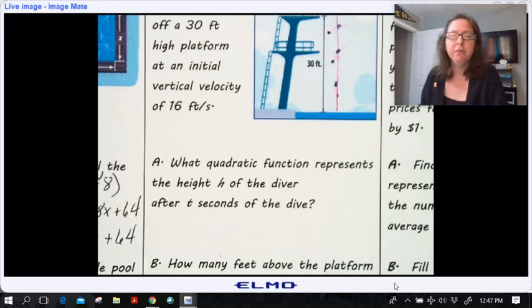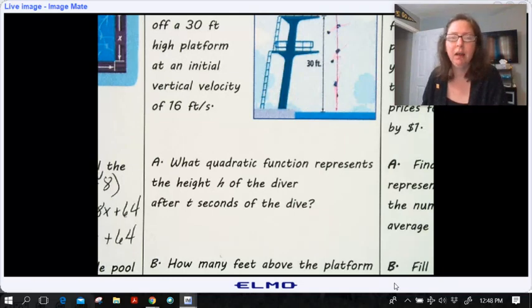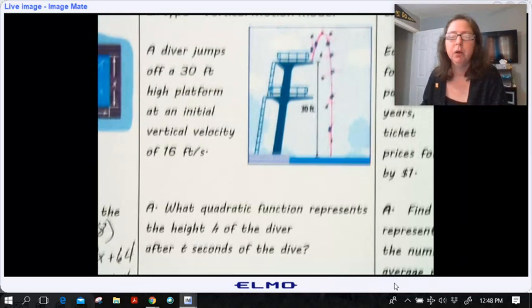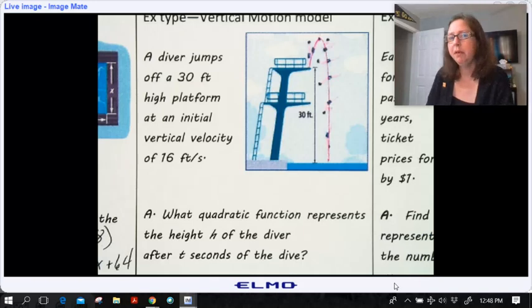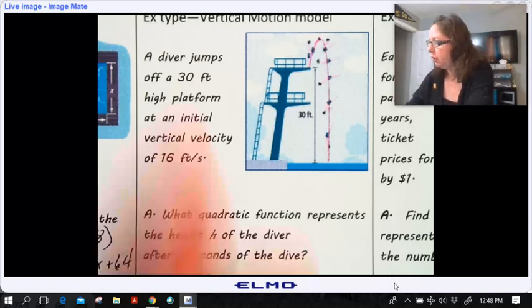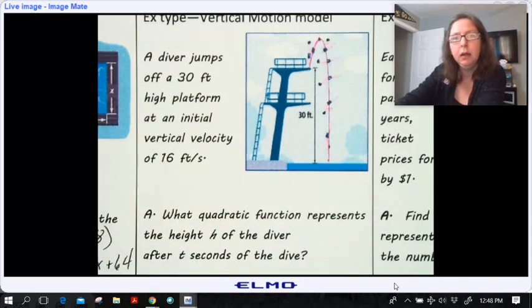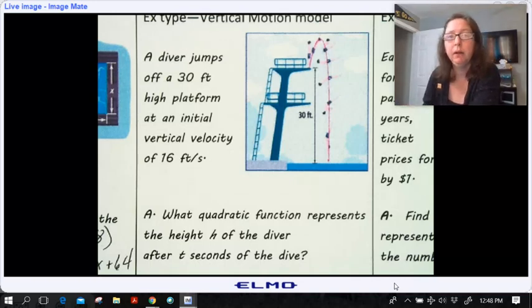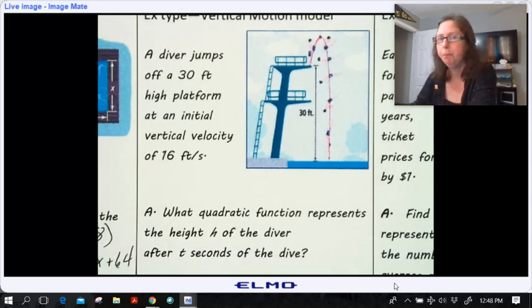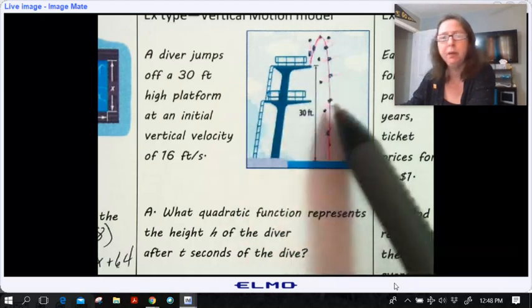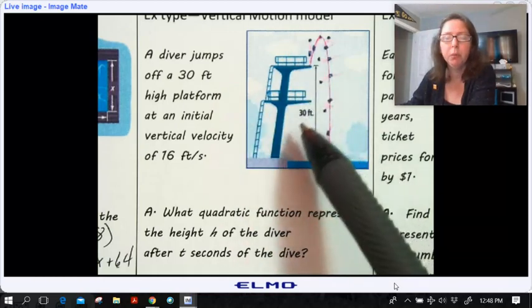What quadratic function represents the height h of the diver after t seconds of the dive? So they've given me all the information right here that I need to plug in and write the equation. Of course, I've been trying to add pictures for you to go with these word problems.